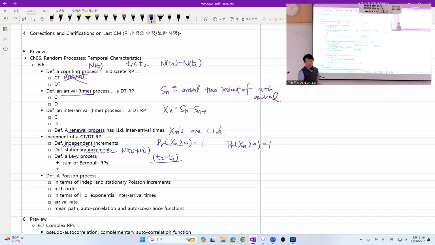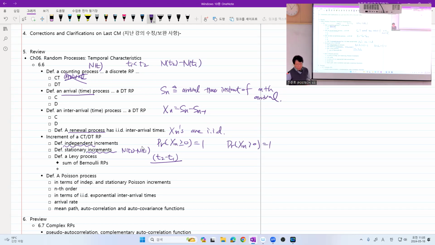Got it? Whenever we talk about stationarity, we have multiple time instants and we shift them all by a common delta. But if we have two time instants, then we talk about the time difference only. Got it? So you remember wide-sense stationarity and stationarity to order 2.